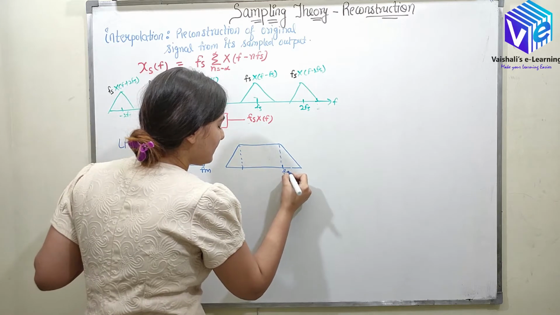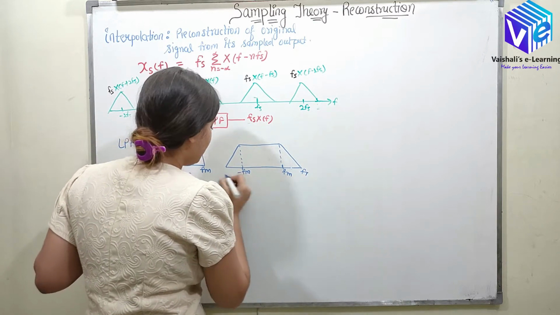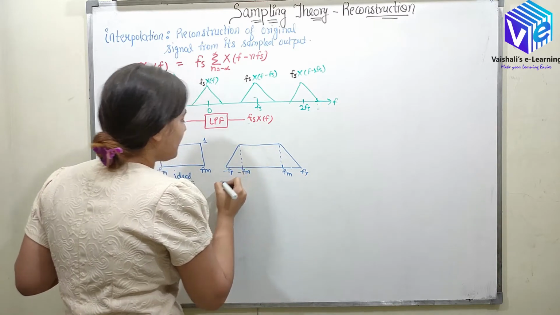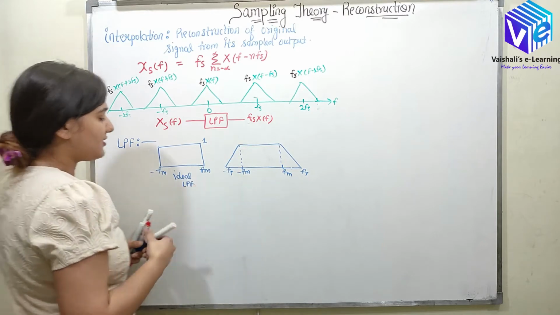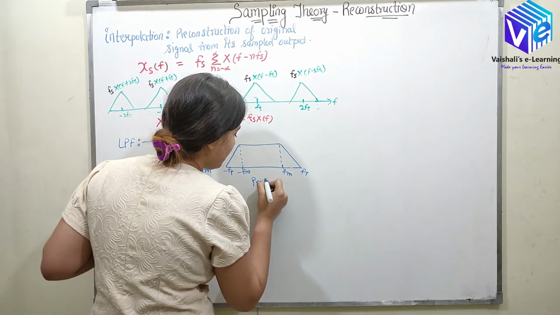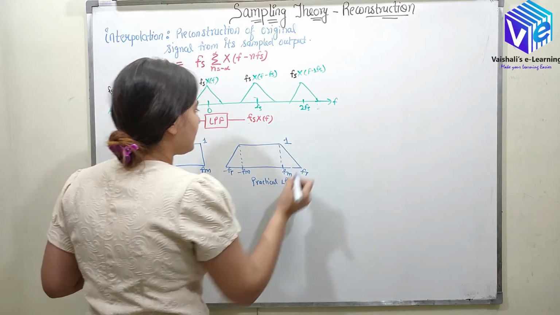Its bandwidth goes from minus (Fm plus Ft) to (Fm plus Ft), so the bandwidth is twice of (Fm plus Ft). This is my practical low pass filter, and here the gain is again 1.